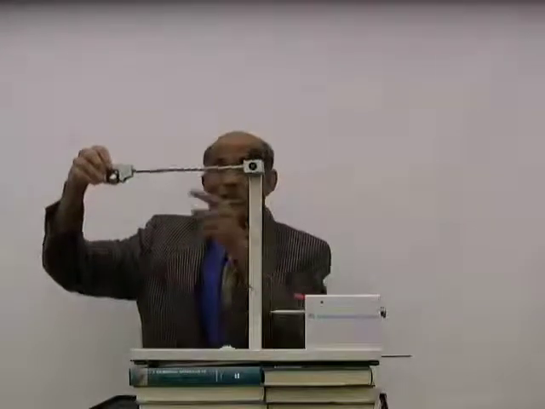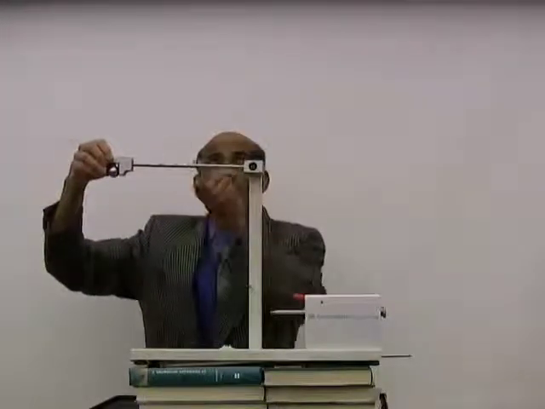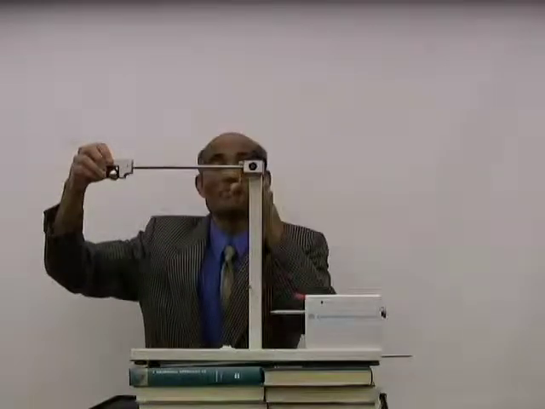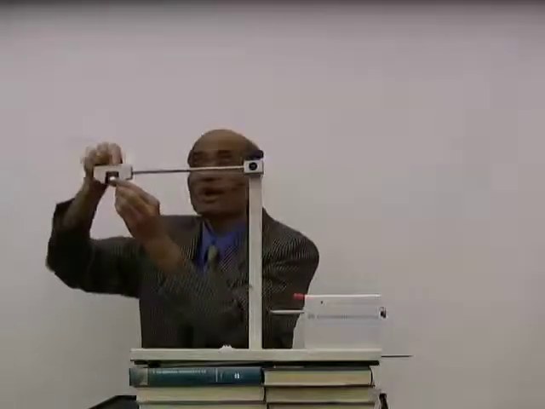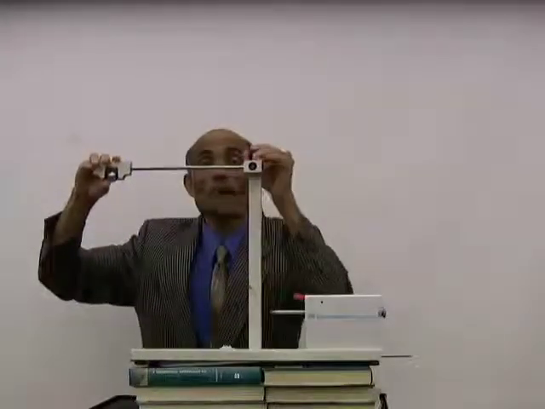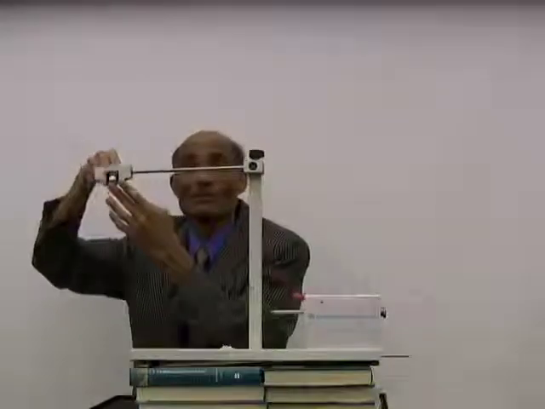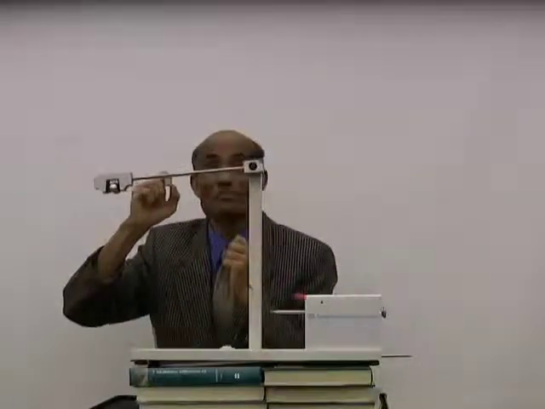This distance is increasing. And when it is at 90 degrees, this is my torque arm. So there are two things that determine the torque when a rotation takes place. What are the two things? The two things are, one, the amount of force, and the other is the torque arm.